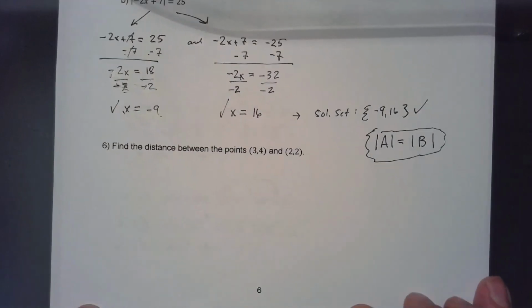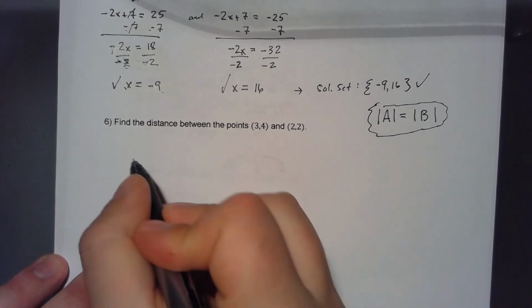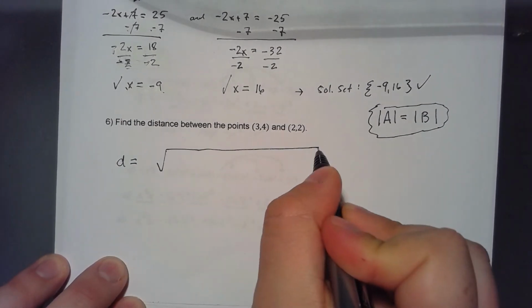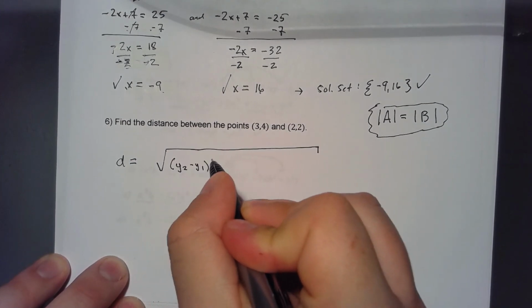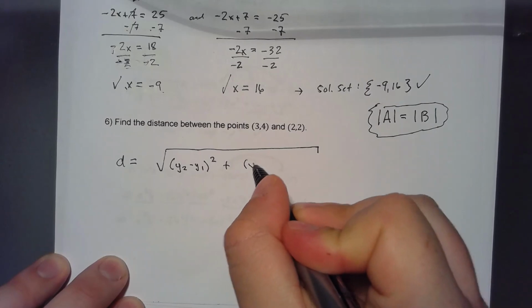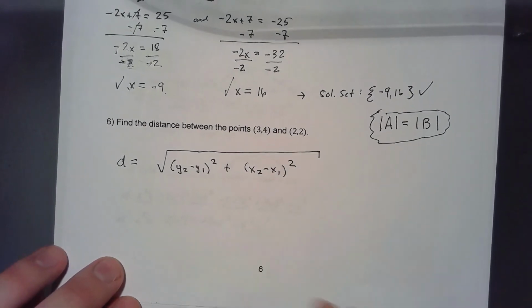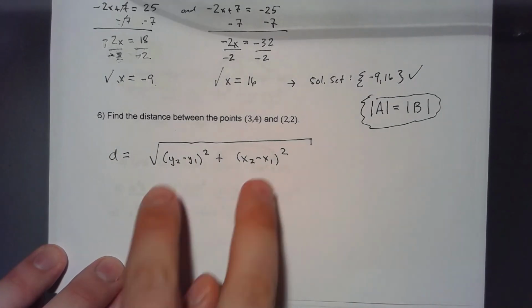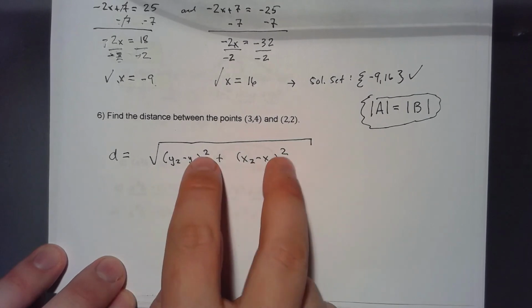So find the distance between 2 points. All right, do not confuse distance with slope. Remember, the distance formula is the square root of the quantity y2 minus y1 squared plus x2 minus x1 squared. And the nice thing about the distance formula is if you wrote it the opposite way, flipped around, you'll still get the same thing because they're squared.